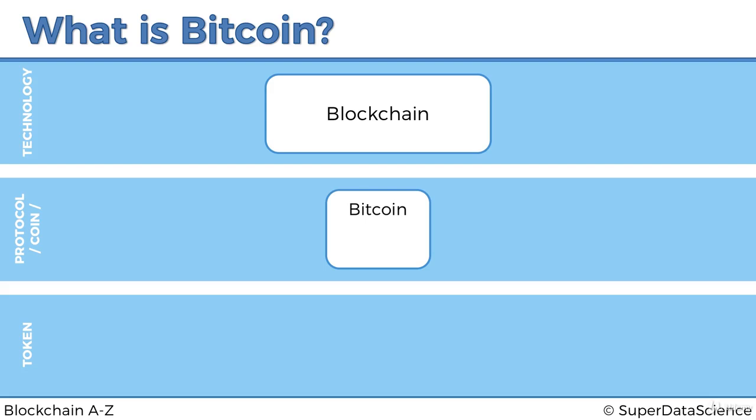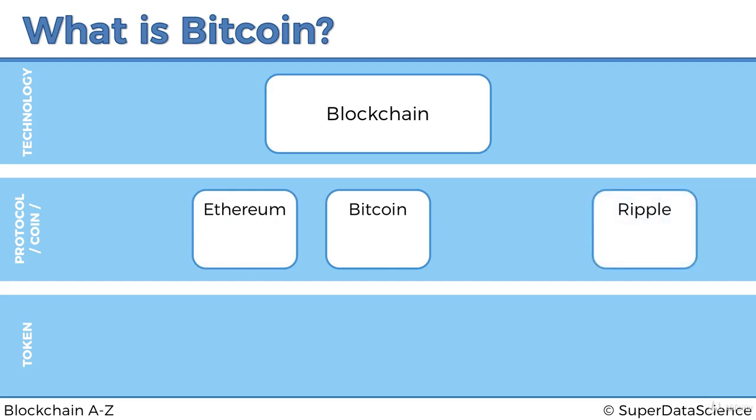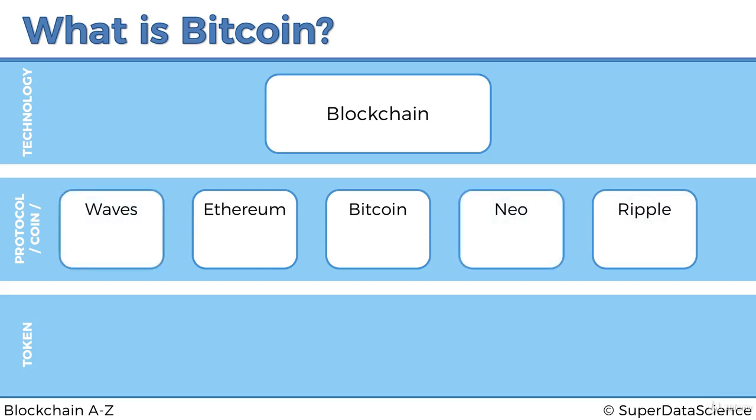There's also other protocols in the world of crypto. For example, there's a protocol you may have heard of, Ethereum, a very, very famous protocol, and we'll talk more about it in this course, of course. There's also Ripple, there's Neo, there's Waves, and there's lots and lots more others. There's not enough space on this slide to fit them all in.